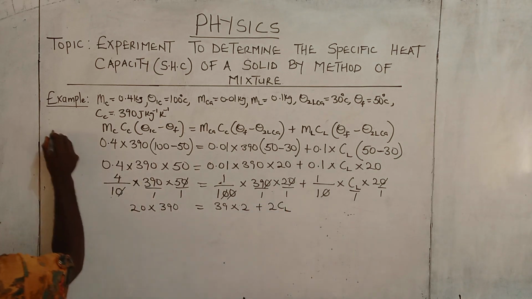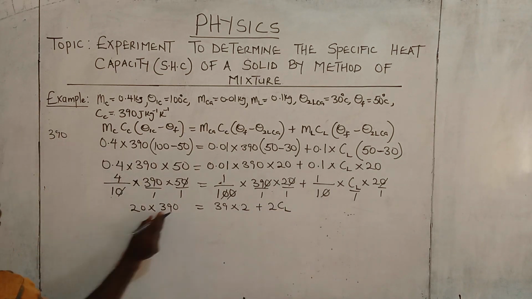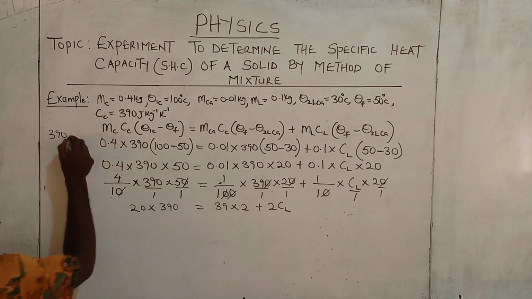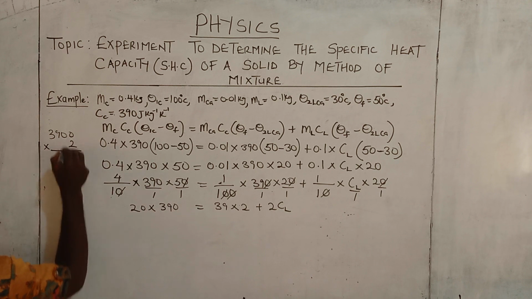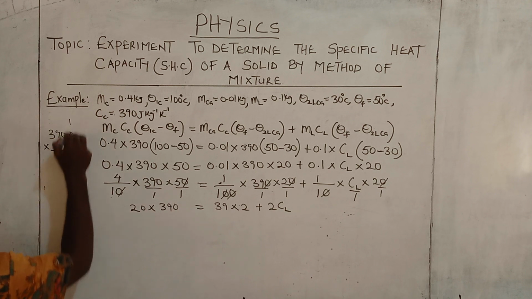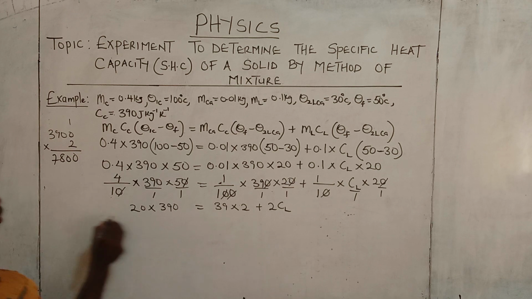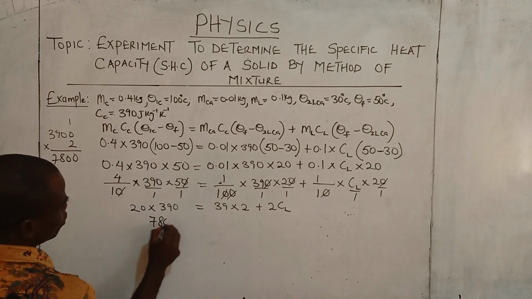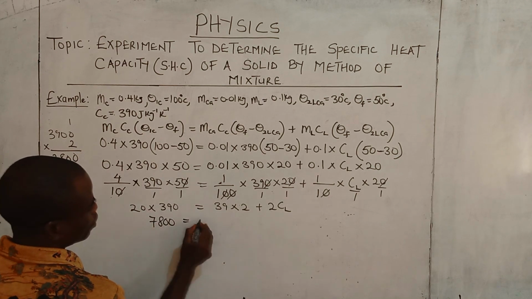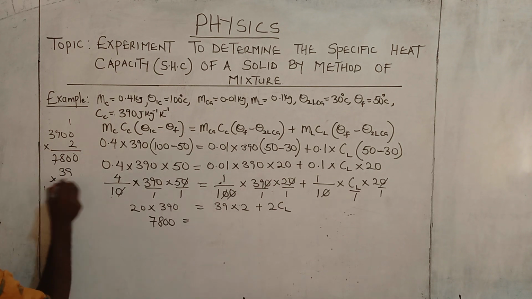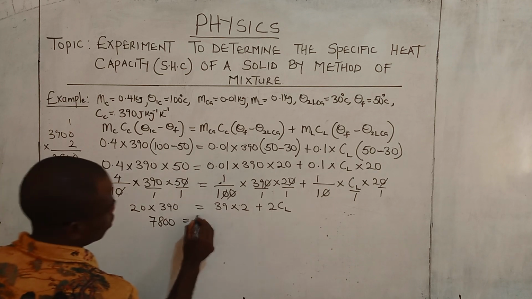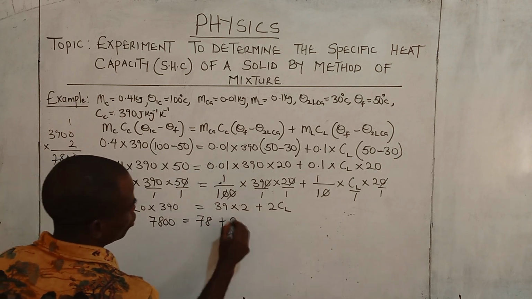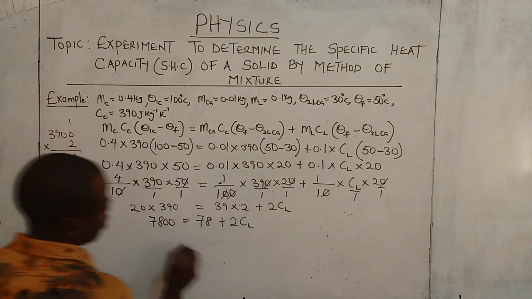Now let's multiply 390. When you have 390 like this, bring the 0 at the back up. Multiply by 2: 0 times 2 is 0, 2 times 9 is 18, carry 1, 7, that's 7,800 equals 39 times 2, which is 78, plus 2CL.